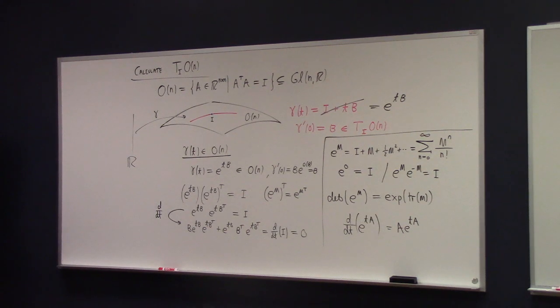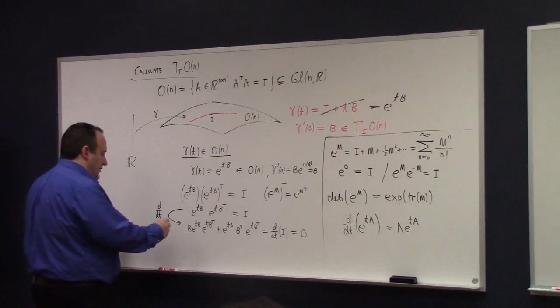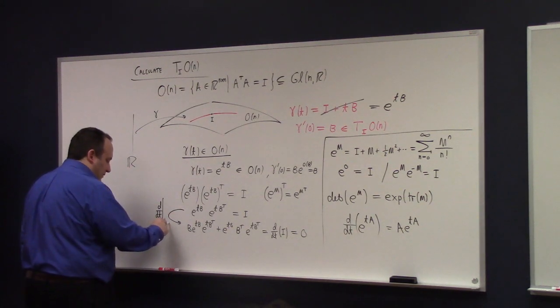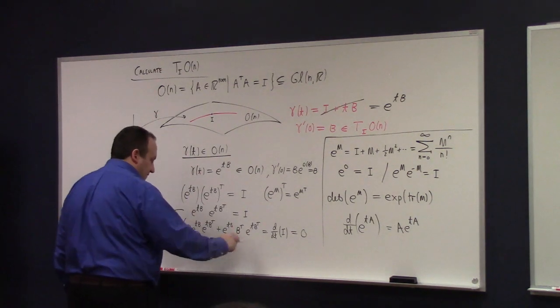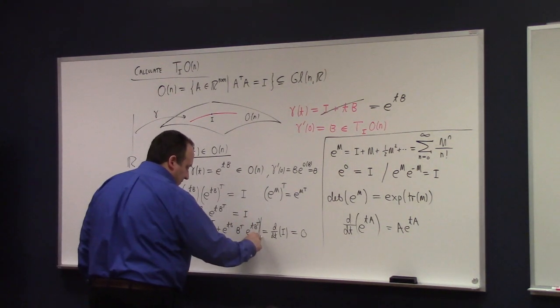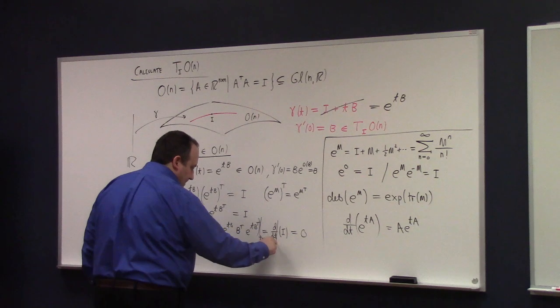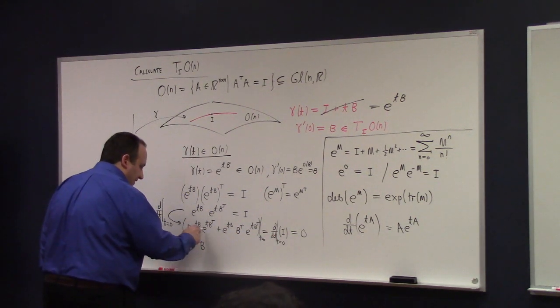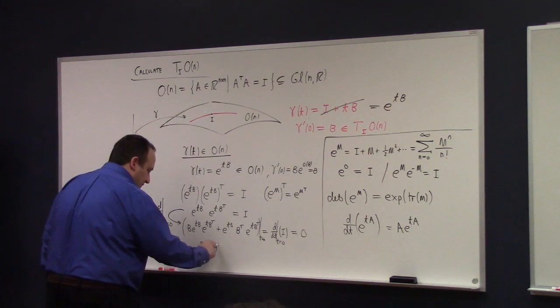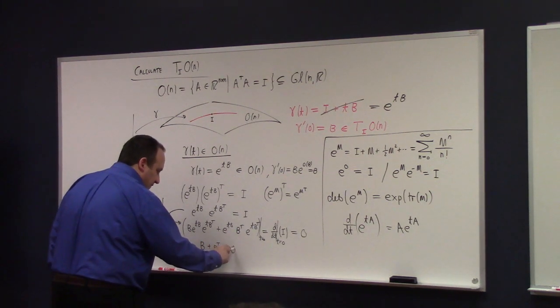All right. We really want to plug in time equals 0 into our derivative because that's what we're interested in. So take all this, evaluate it at t equals 0. What do we get? We get that b times I plus b transpose is equal to 0.